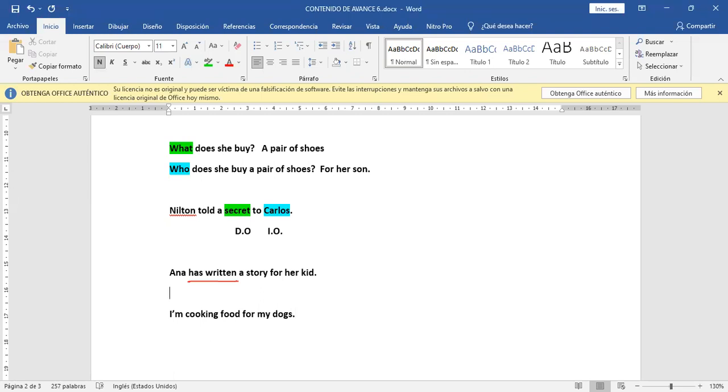But tell me, say, digan, which one is the direct object and indirect object in Lena's sentence, and then in Celia's sentence. Teacher, direct object would be story, indirect object would be kids, her kid. Thank you. What about in the second sentence, Celia's sentence?